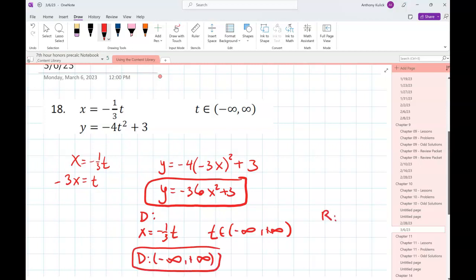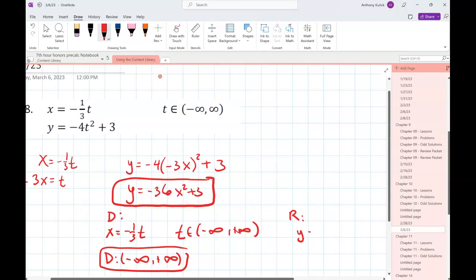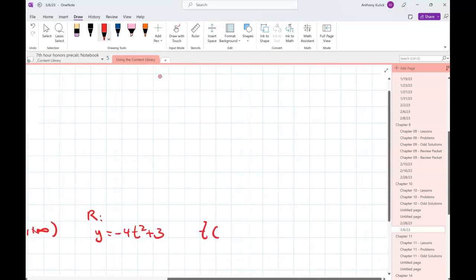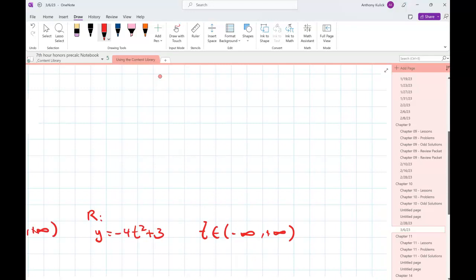The range is going to come from the y component. Now the y equation is a quadratic. So the outputs from a quadratic equation are not going to be all real numbers. They're going to either go from -infinity up to the vertex or the vertex up to positive infinity, right?